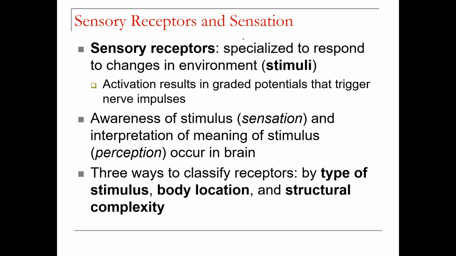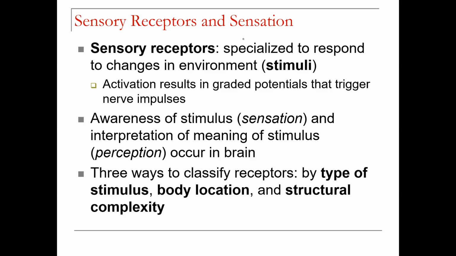How strong is it? Action potentials don't care how strong the sensation is. Once the action potential starts, it will run. The only way an action potential determines the strength of a sensation is by firing faster and faster. But a graded potential very much is dependent on the strength of the sensation. And if we don't get the sensation to the cell body of the neuron, then we're not going to be aware of it.